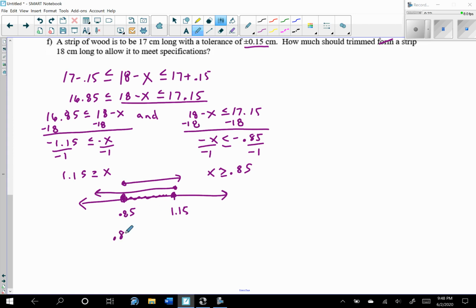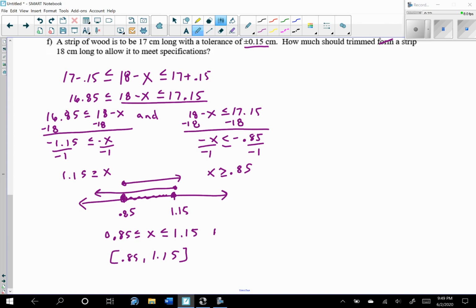So 0.85, if you want to write, is less than or equal to x, which is less than or equal to 1.15. And if we wanted to write the interval notation for this, this would be bracket 0.85 comma 1.15 bracket.